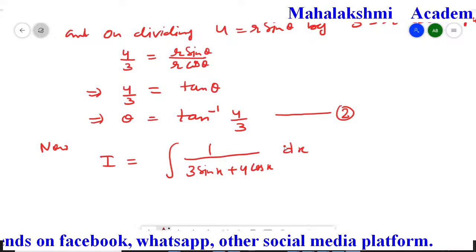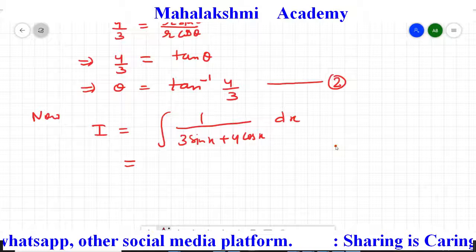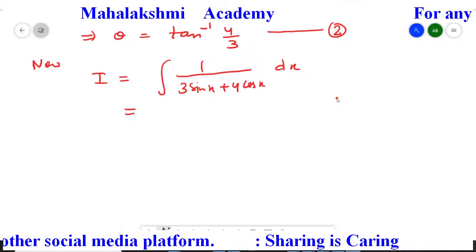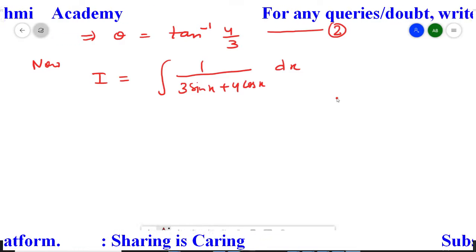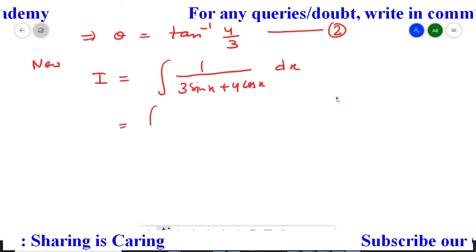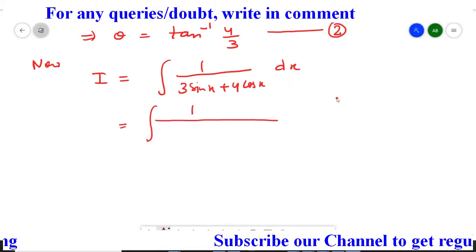So when we do all the replacements, we'll get the integration of 1 upon 3.